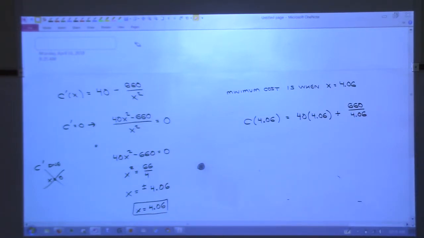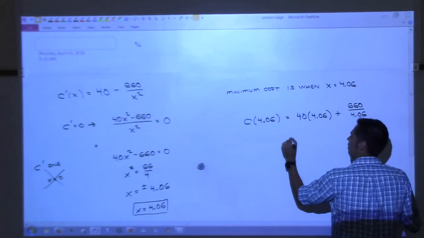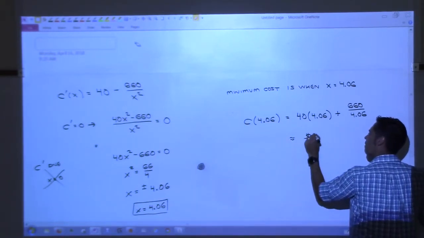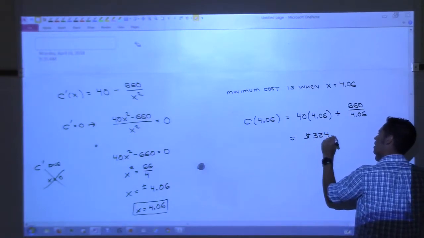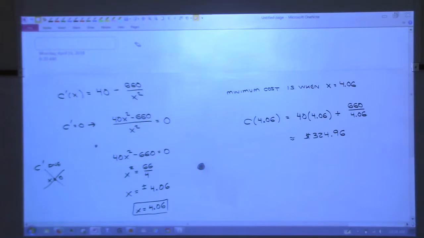You want to see what I'm doing there? Taking the original cost function, I'm plugging in the x value that gives me the minimum, and I'm figuring out what that is. So who has that for me? 324.96? Okay. $324.96 will be the minimum cost to build this fence.